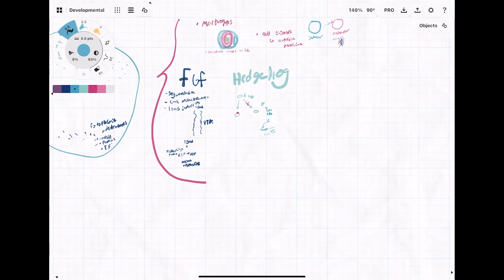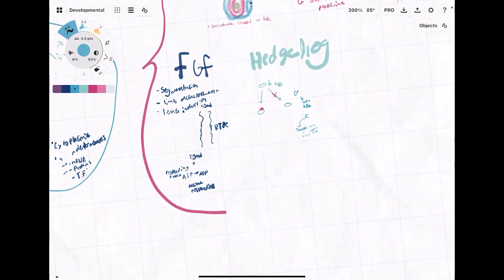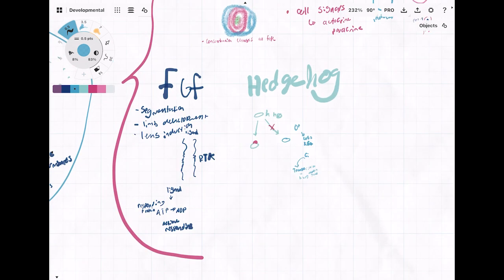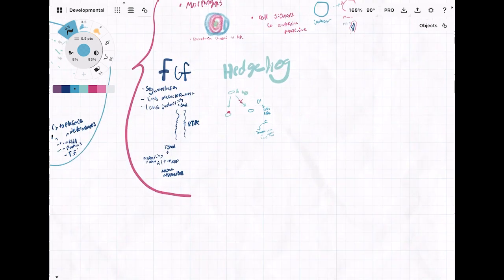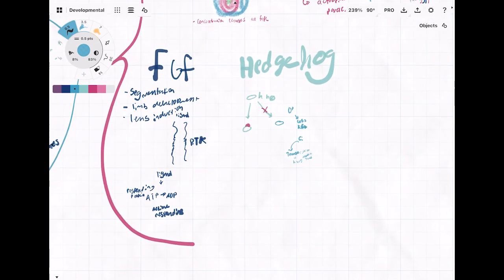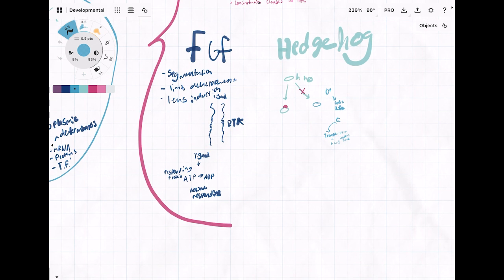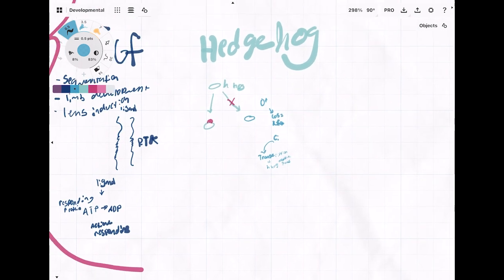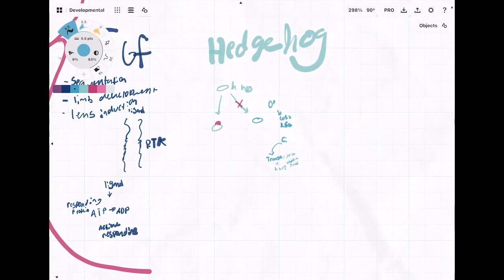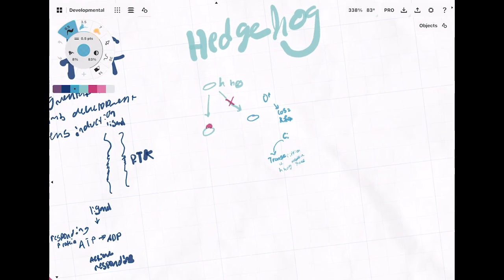And so there's 3 major types of morphogens: FGF, hedgehog morphogens, and Wnt morphogens, but I'm not going to be covering those right now. So the FGF morphogens are just involved in segmentation, which is how different segments form in the organism, and hedgehog genes are called hedgehog genes.